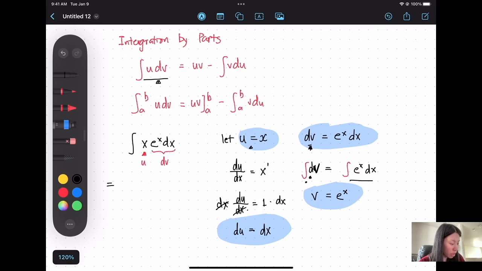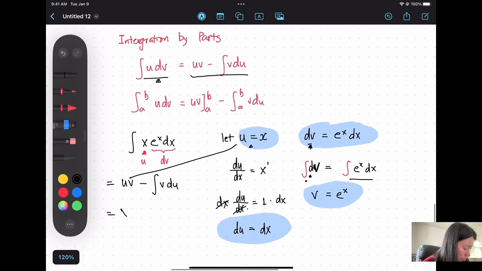By the formula, I know that uv minus the integral of v du is what the function equals. u is equal to x, v is equal to e to the x, minus the integral of v, our v is equal to what? e to the x, du here is dx.